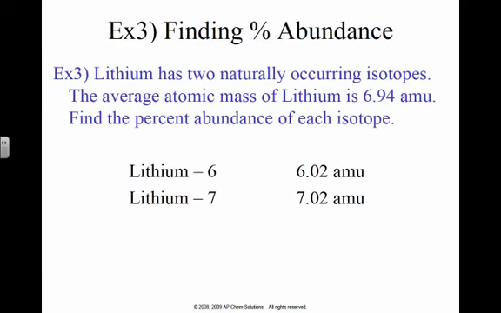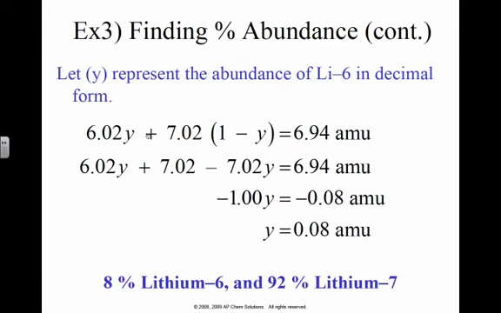Lithium has two naturally occurring isotopes, lithium-6 and lithium-7. Its average is 6.94. So now we have to find the percentages. So I'm going to take 6.02 times some number we'll call x. I'm going to take 7.02 times, well, that would be what? 1 minus x. Because this is a percentage in the form of a decimal. Let's say it's 0.25, 25%.